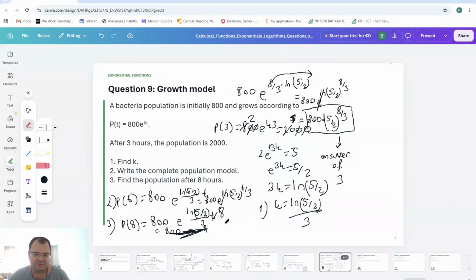So these are simplified, ln and e canceling each other. So you will end up with 800 times 5 over 2 to the power t over 3, which is the P(t) function.